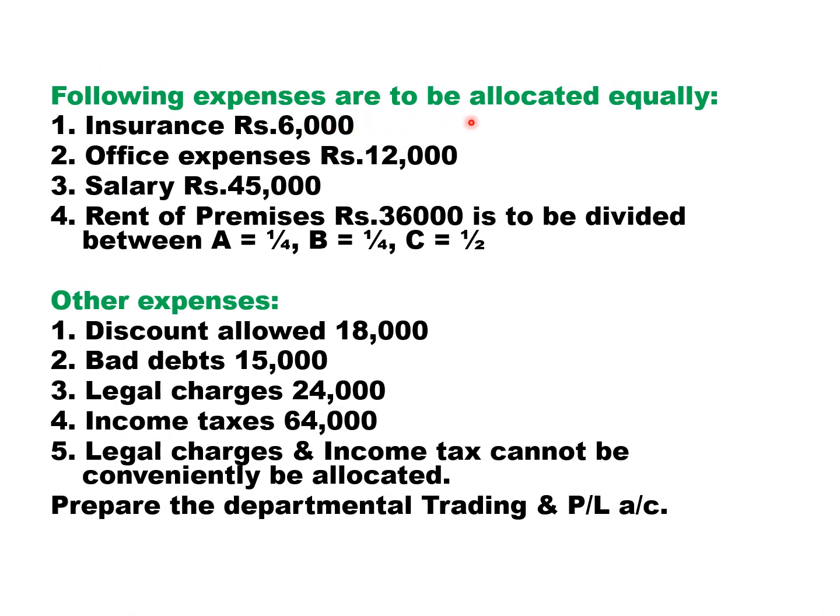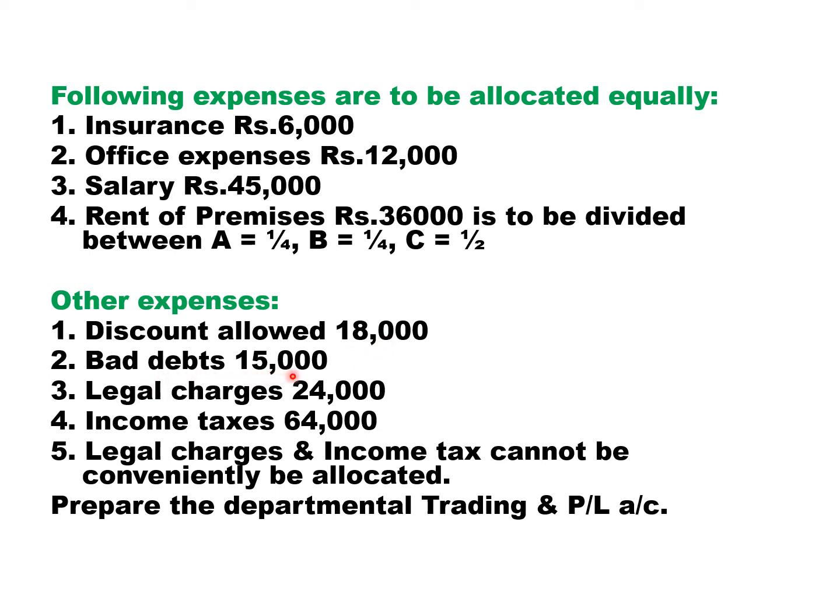Following expenses are to be allocated equally. Insurance 6,000, 1:1:1. Office expenses distribute equally. Salary distribute equally. Rent of premises rupees 36,000 to be divided between A, B and C in the ratio of 1/4, 1/4 and 1/2. Other expenses, discount allowed 18,000 to be distributed in sales ratio.